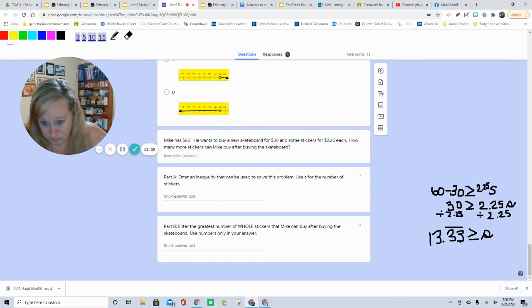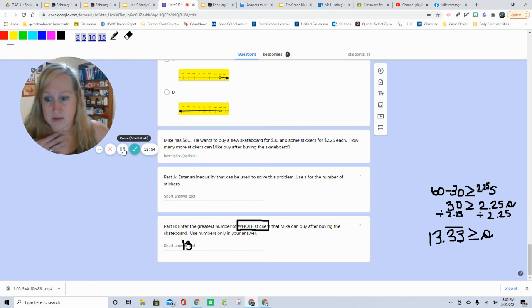There's lots of answers. So I'm leaving this up to you. I have to kind of look at each one. But this one, my short answer text, when it says, what's the greatest number of whole stickers? Well, 13 is the whole number. So the short answer is 13. The inequality will vary, so I'll have to look at that one by hand. And there's your review.